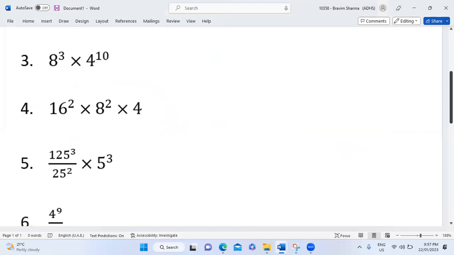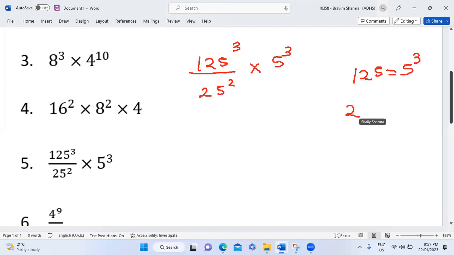Okay. Next question is 125 cubed over 25 squared times 5 cubed. Now here also we have different bases, but as I know, 125 can be represented as 5 cubed, and 25 can be represented as 5 squared.